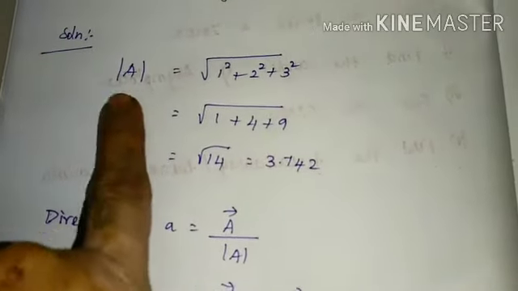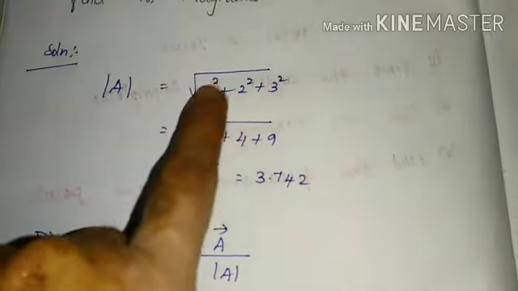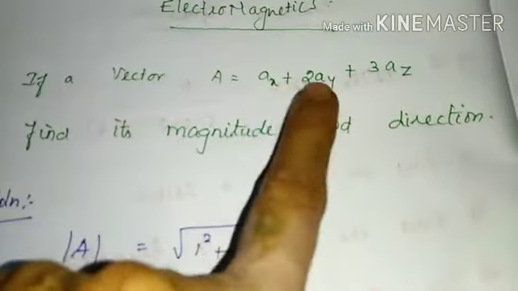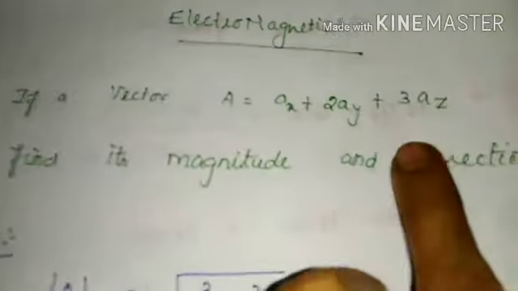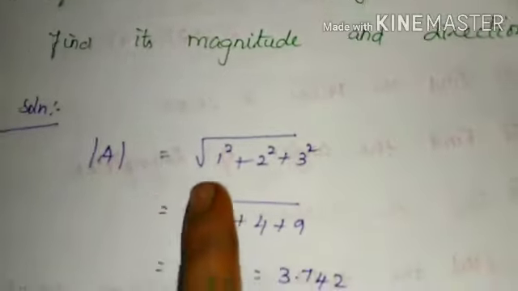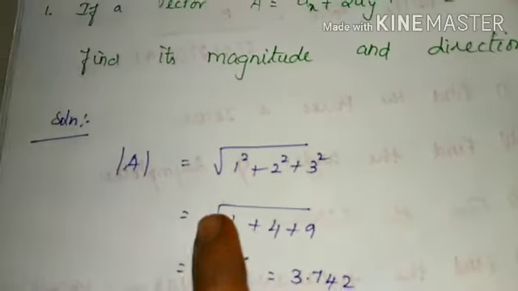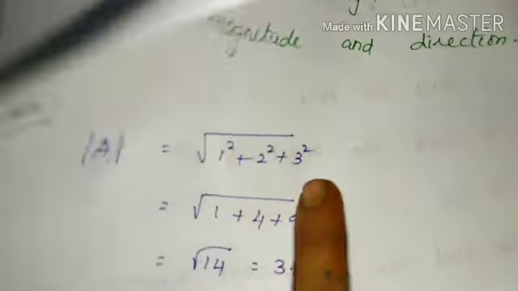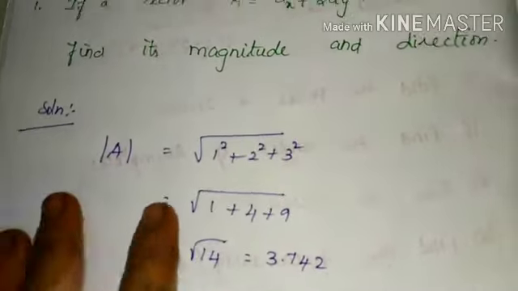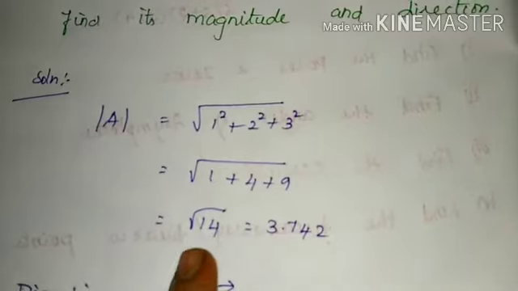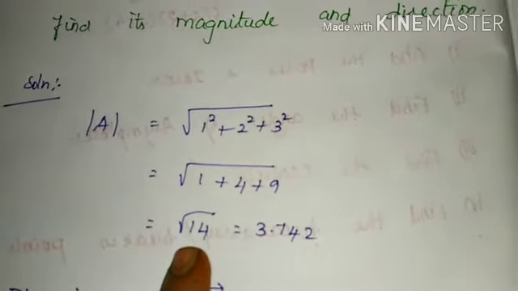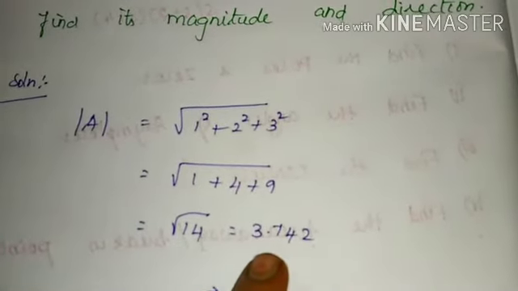So magnitude is equal to root of the coefficient of the first term squared plus the coefficient of the second term squared plus the coefficient of the third term squared, right? See here, 1 squared plus 2 squared plus 3 squared. So which gives us the value of square root of 1 plus 4 plus 9, which is equal to root 14, that is 3.7432.